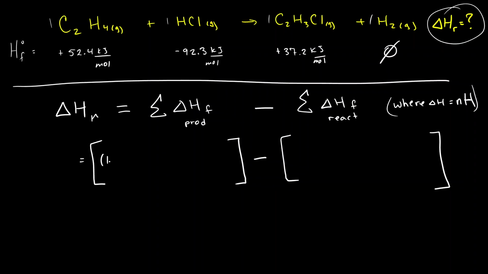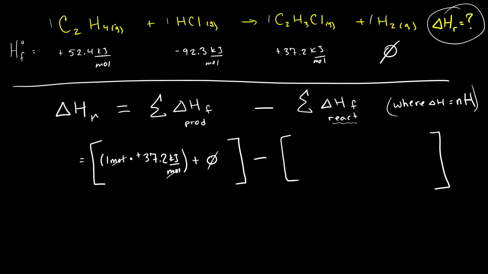So I'm still going to write 1 mole because I need to have my units cancel. 1 mole times plus 37.2 kilojoules per mole. And then my other product is hydrogen. Moles cancel.